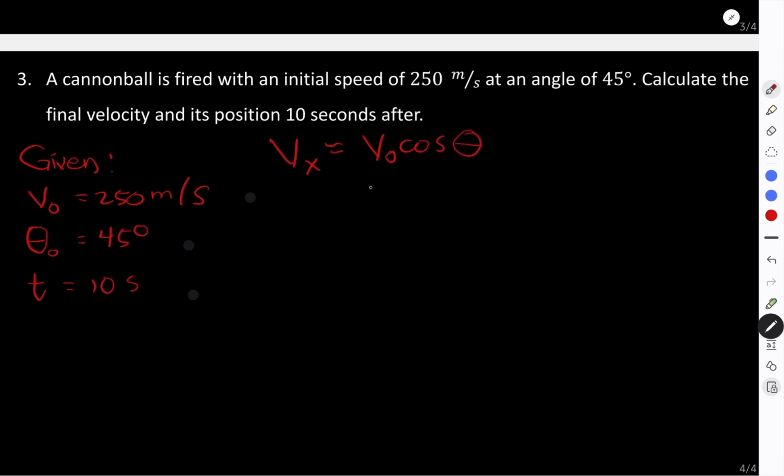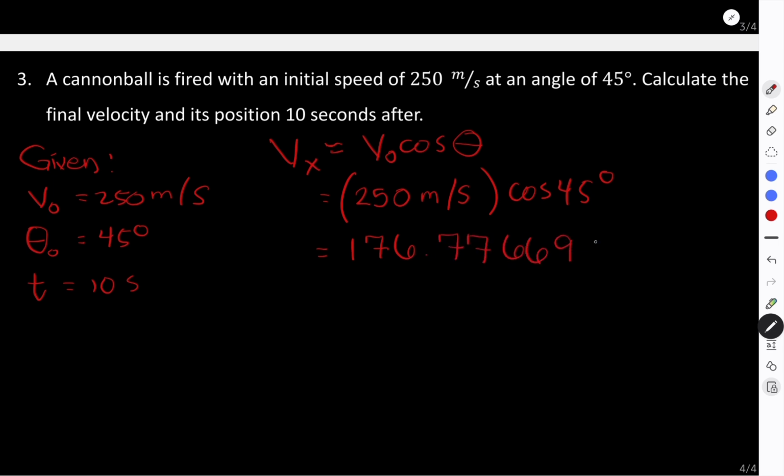So initial velocity is 250 meter per second multiplied by cosine 45 degrees. So it's 250 multiplied by cosine 45, which is 176.7766953 meter per second. That is the final velocity in x component.